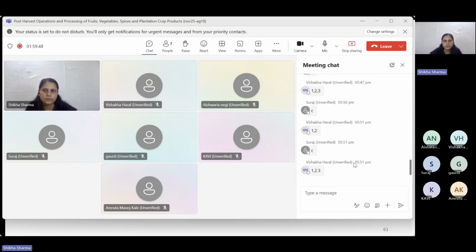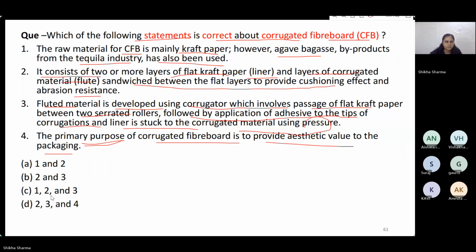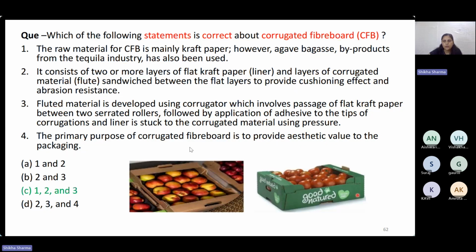One, two, and three, Vishakha. Okay. So you are correct. One, two, three, correct answer.